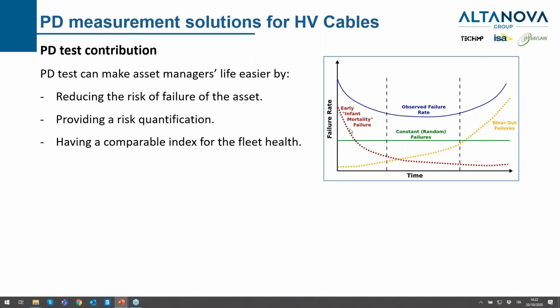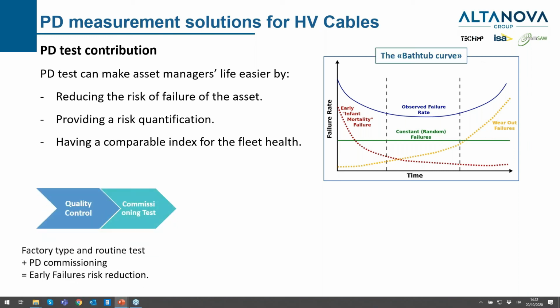We can, for example, pull down the failure risk at the beginning of the life of the asset by testing the cable during the commissioning with PD. We can reduce the random failures of the cable by doing some spot testing or permanent monitoring, and we can fight the wear-out failures of the high voltage cable by permanent monitoring.